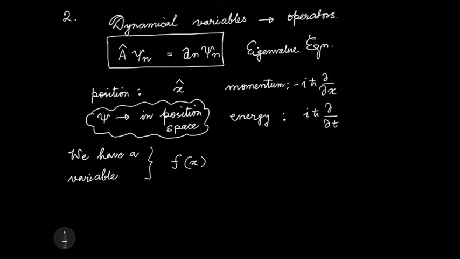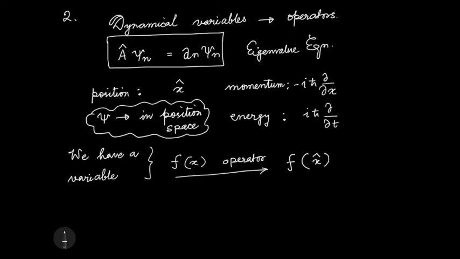So say I have a dynamical variable which is f of x, so it can be x or x squared, etc. The operator corresponding to this dynamical variable I can find just by doing f of x cap.